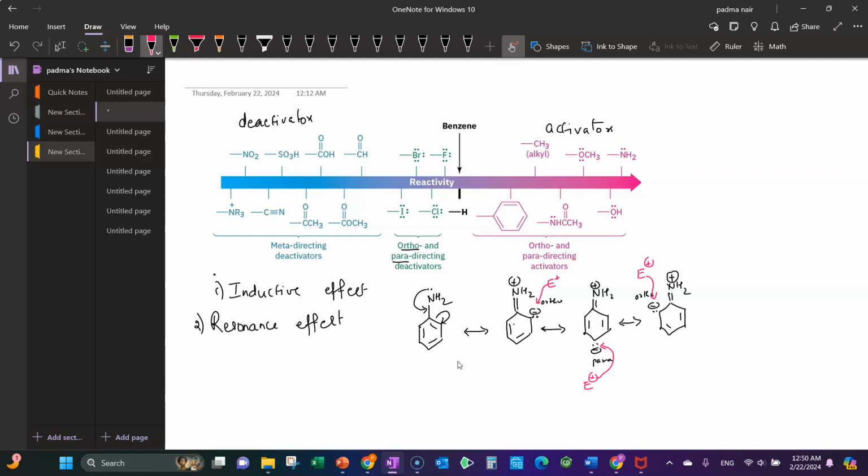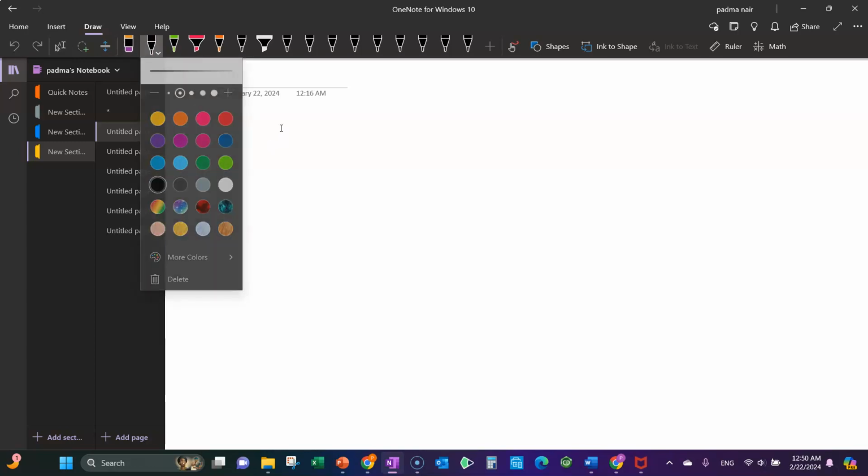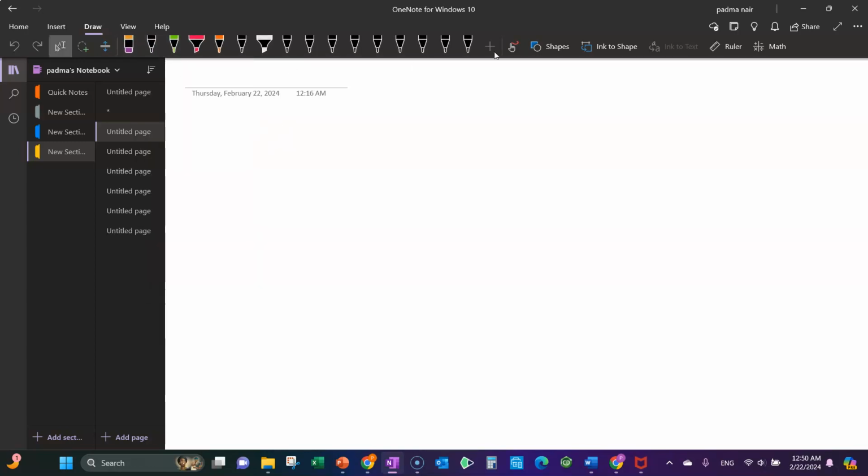Okay, you can take the example of a molecule like an OH group. If you take an example of a benzene ring with OH here, you can again do the same thing as we did with NH2.